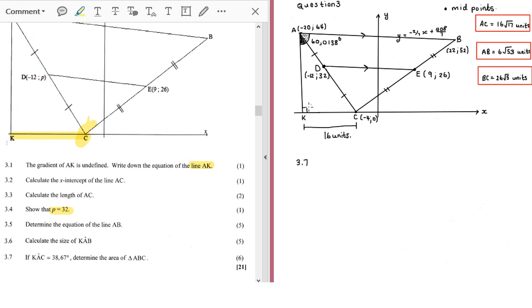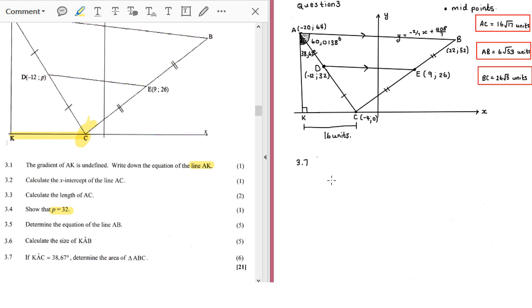Okay, so they're saying that if that angle KAC is equal to 38.67 degrees, we need to determine the area of the triangle ABC. I don't necessarily see how this angle would be related.